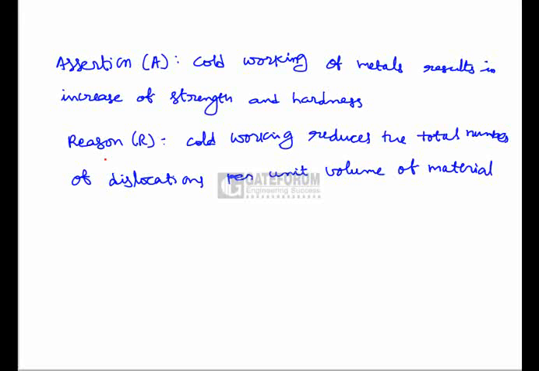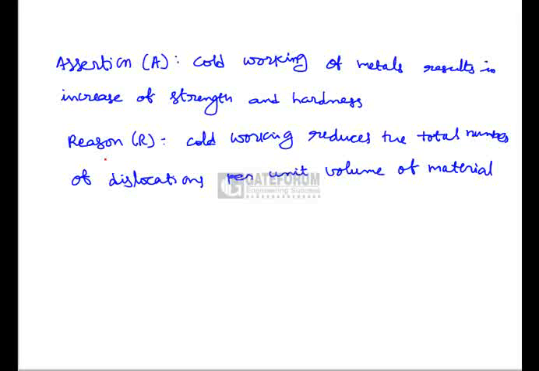It is a question of type assertion and reason. So here the assertion is cold working of metals results in increase of strength and hardness, and the reason for this assertion is given as cold working reduces the total number of dislocations per unit volume of material. So the given assertion is right.